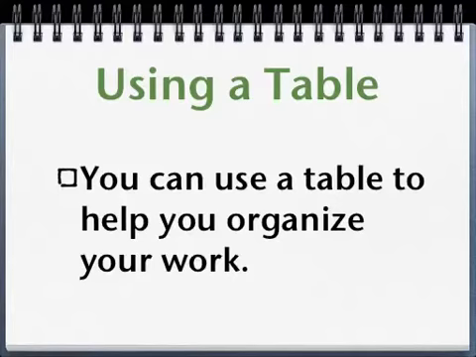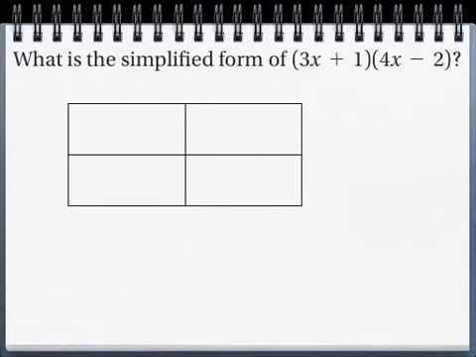To use a table, you're going to be able to use a table to help you organize your work. An example using a table would be I need to multiply the 2 binomials, 3x plus 1 and 4x minus 2. Notice I've already got my 2 by 2 table up here. What I'm going to do to use this table is take each binomial.